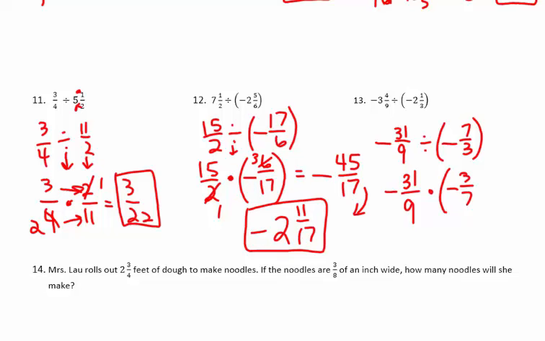So it's 3 over 7. I can reduce the 3 and the 9. Nothing else will reduce, but now I'm multiplying two negatives, so that makes a positive. 31 over 21, which is 1 and 10/21. So just keep in mind the rules that we've been using.